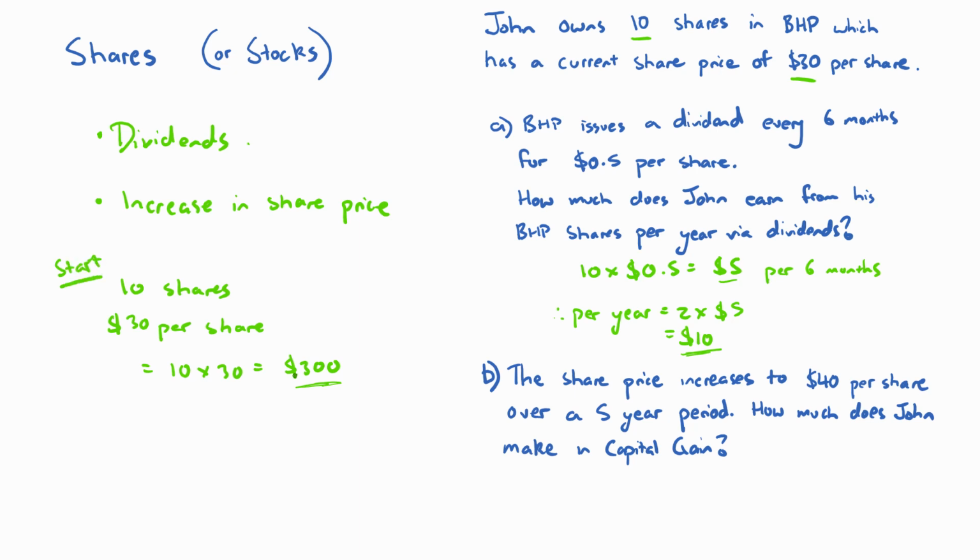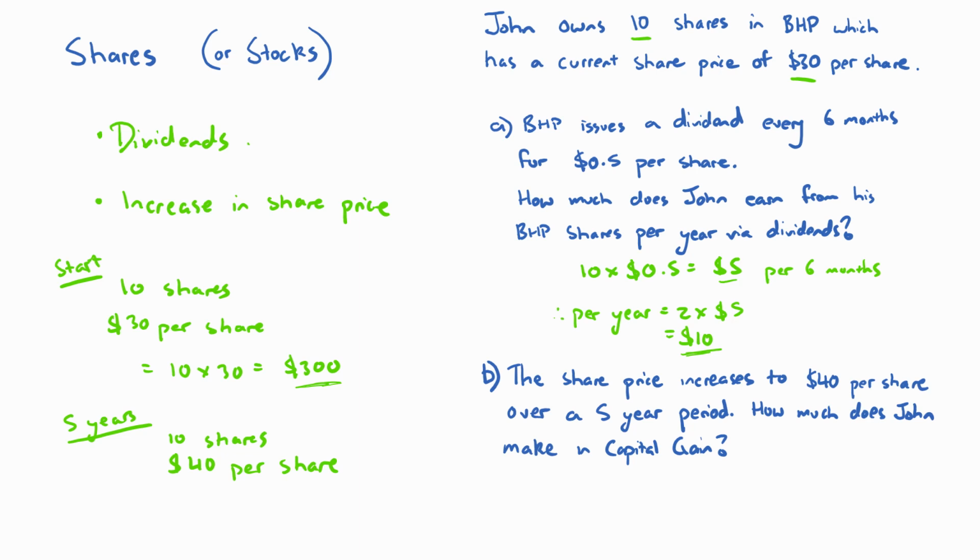at the start, we identified that John had $300 invested. Now, after 5 years, he still owns 10 shares, but it's now $40 per share.